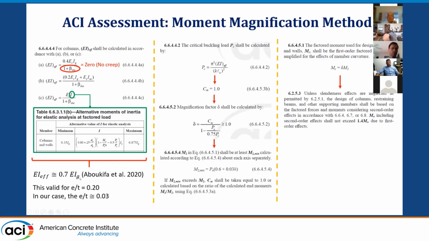The EI effective, which we used in this case, would be a flexural one, because you are talking now about buckling, and secondary moments. So we are talking here about a combination of axial and flexural behavior. For EI effective, we found from a previous study on lateral columns that 0.7 EI gross is a good approximation. So we incorporated this, calculated the buckling loads and the magnification factors, and did the assessment accordingly.